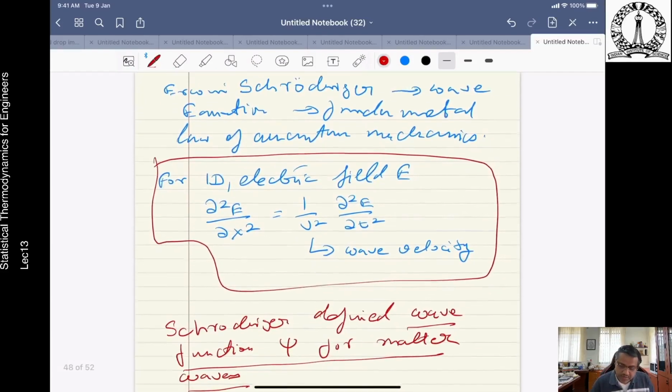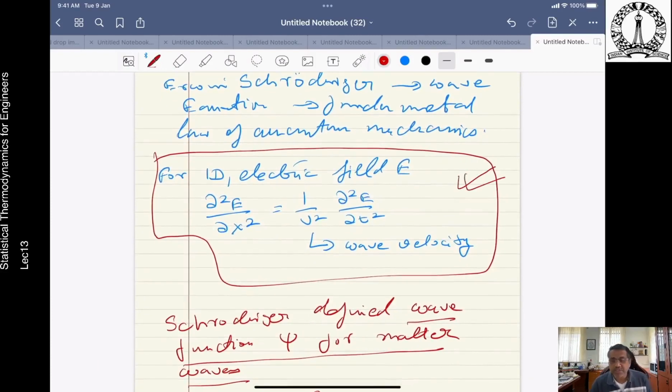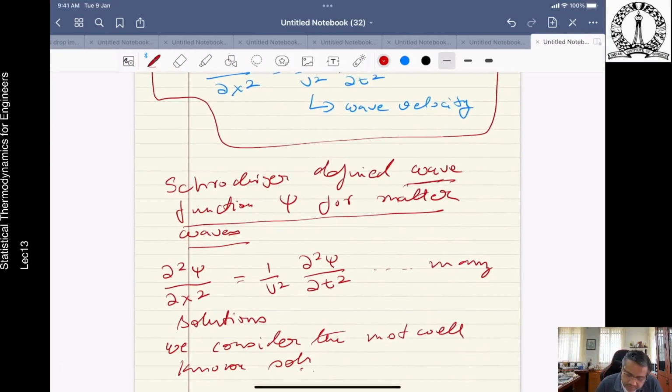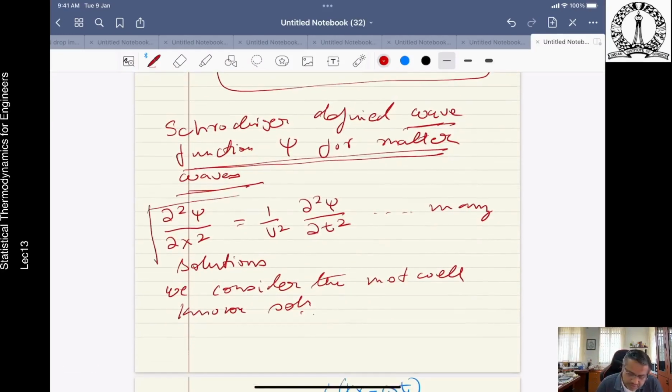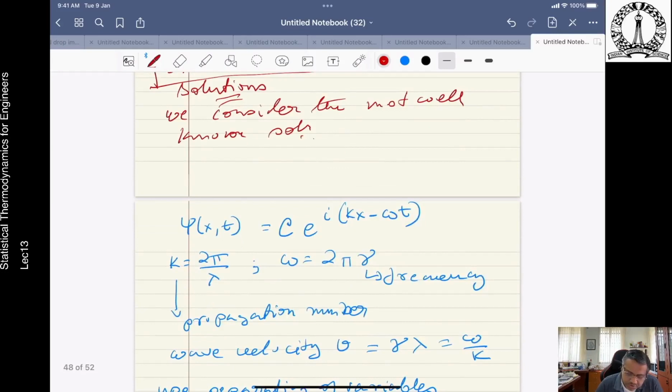Schrodinger, by taking analogy from the one-dimensional electric field equation, defined the wave function for matter waves. This is the wave equation. Many solutions were possible, but we take the most well-known solution, which is this.